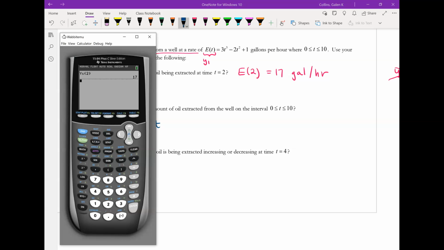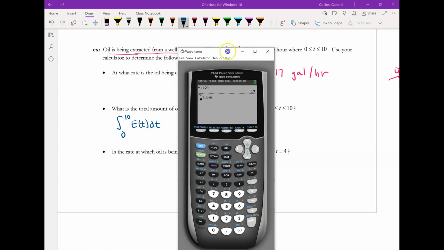So if I go to my calculator, if you go to math, and then if you see option 9, fnInt, that stands for function integral, excuse me. So you could either touch the 9 or you could just scroll down there and hit enter. And if you have the new operating system, it's going to show you this.